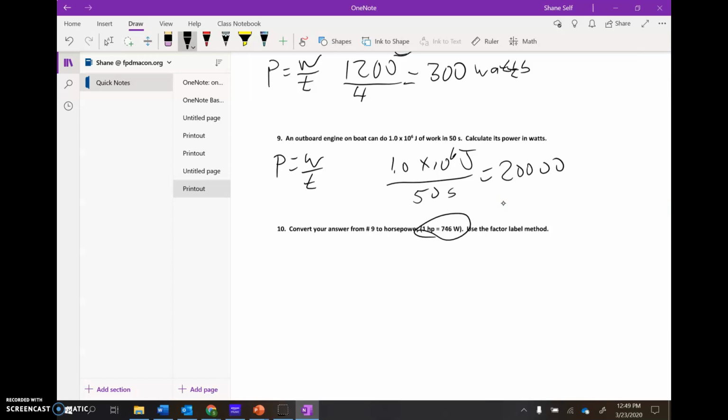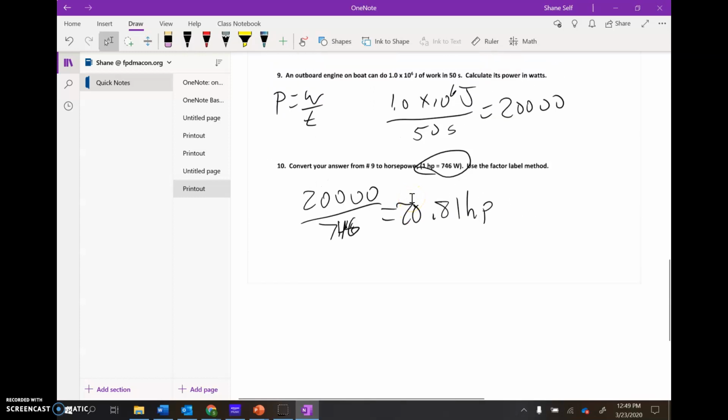So how do we do it? 20,000 divided by 746 is equal to 20.81 horsepower. All right, and that is how to do the math problems on worksheet number 2.